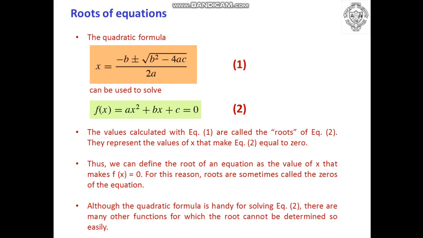So the values calculated with equation 1 are called roots of equation 2. They represent the value of x that makes equation 2 equal to 0.